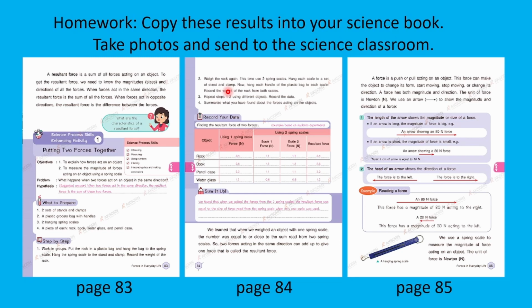So just copy these answers into your science books. It's page 83, page 84, and page 85. I will put these 3 pages with the answers into the Google Science Classroom.